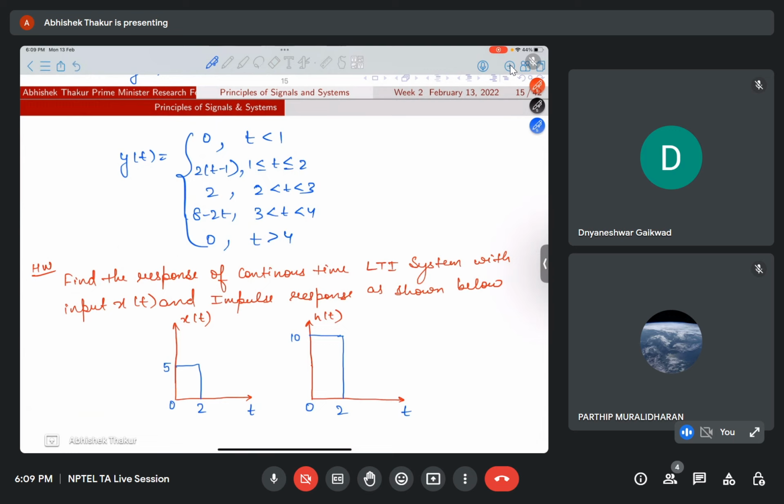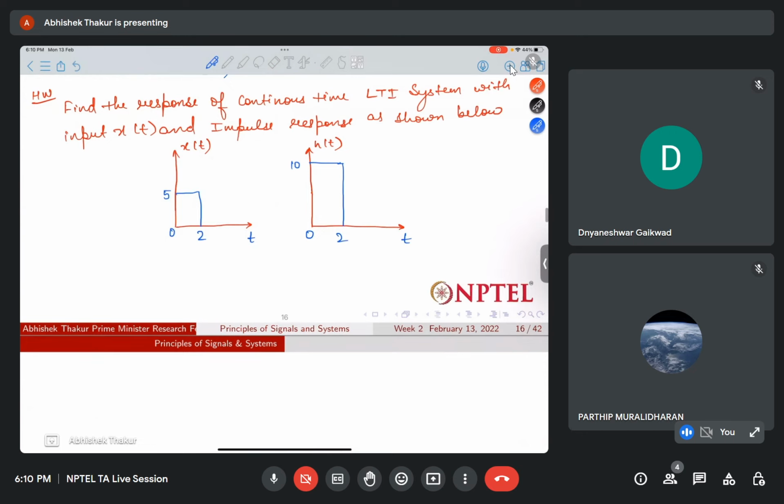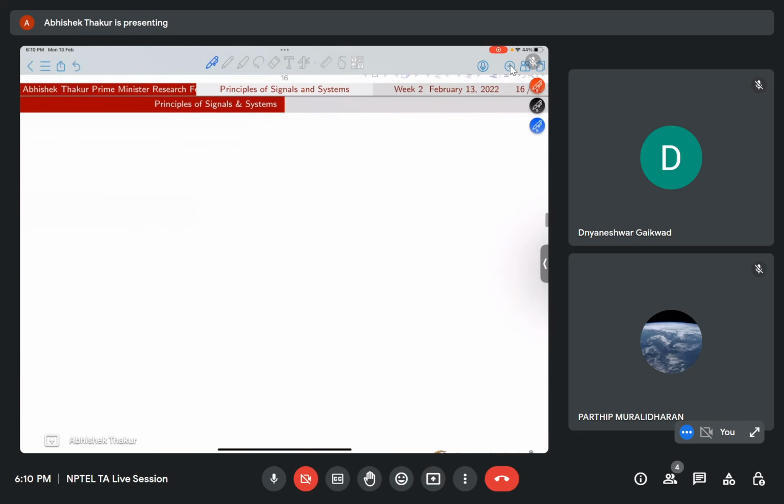Just using how we have solved the previous question, solve this, and you will get the convolution and the output yt.